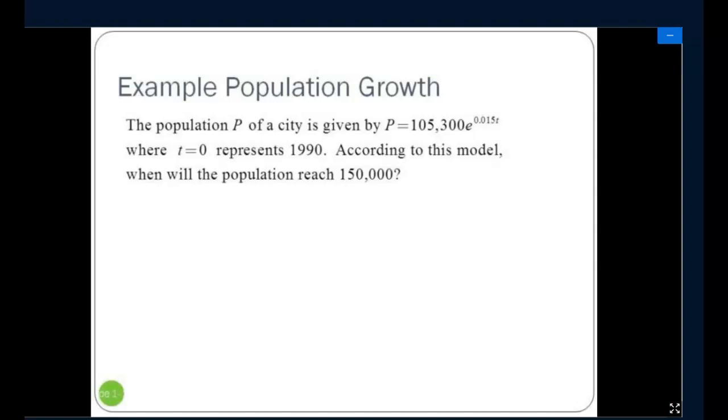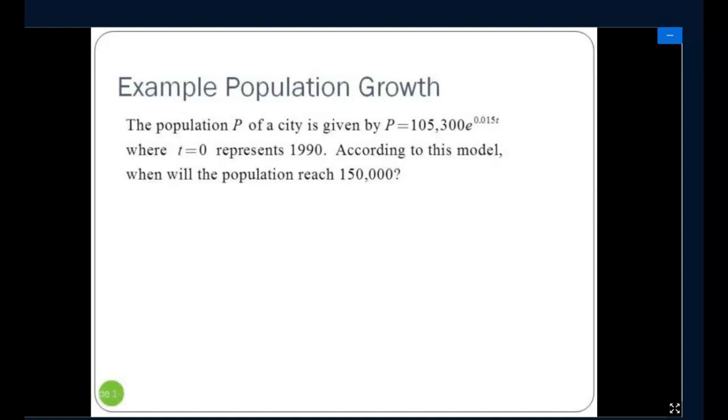Okay, the population P of a city is given by P equals 105,300 e to the 0.015 t, where t equals 0 represents 1990. According to this model, when will the population reach 150,000?